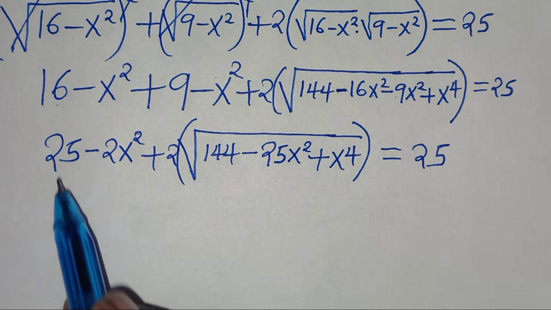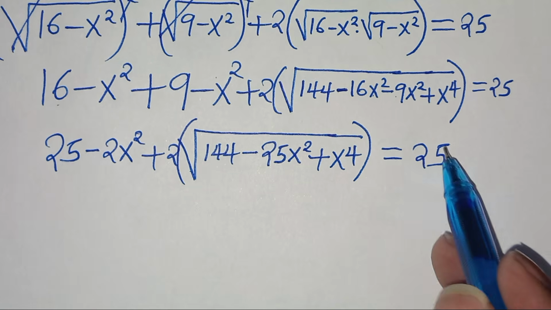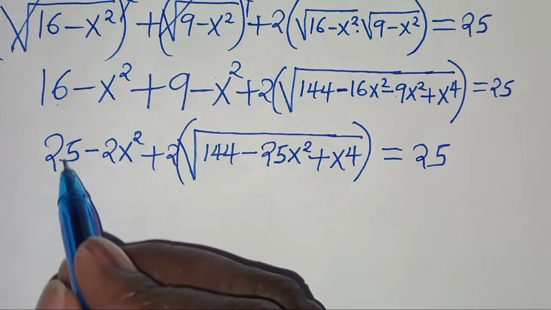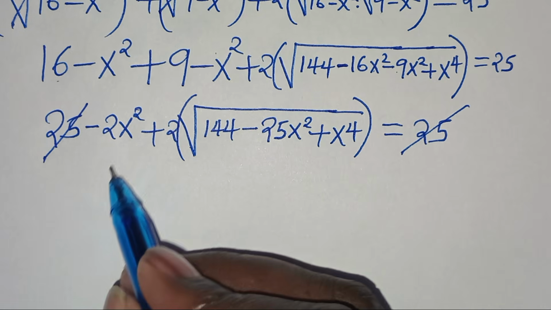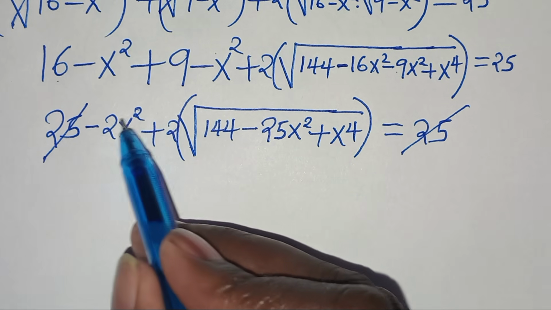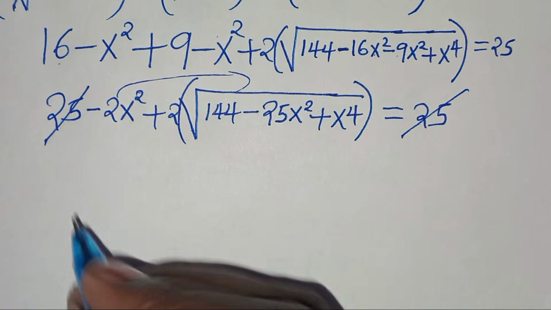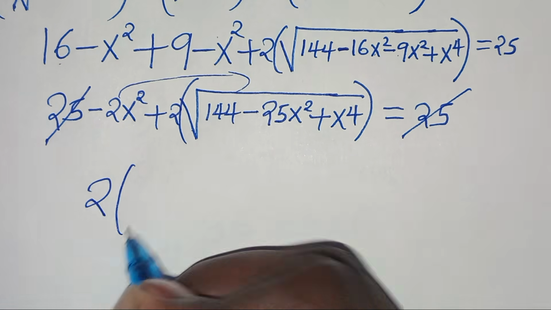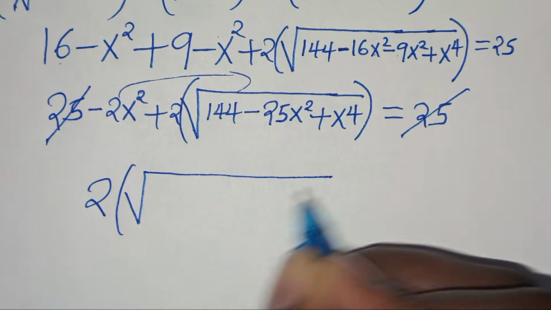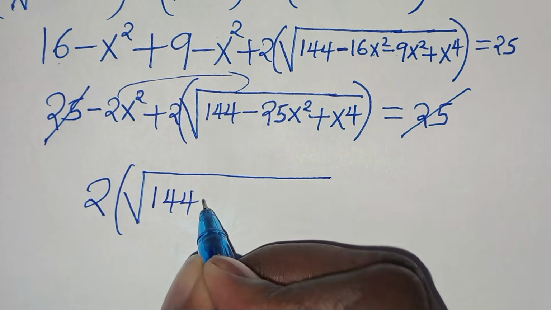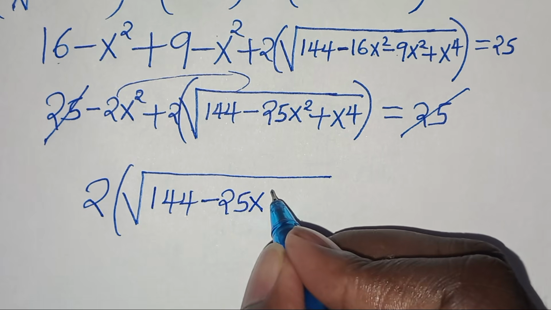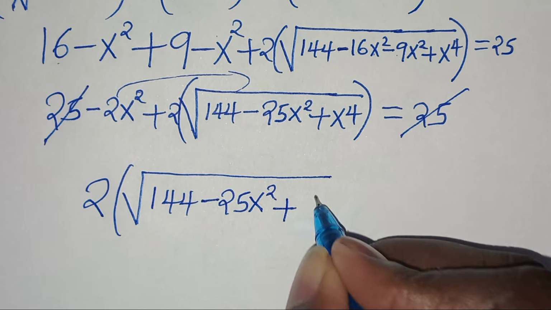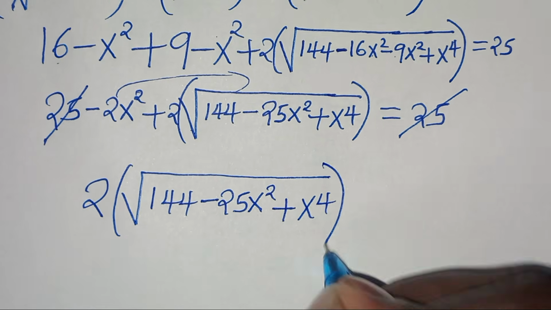Now, we have 25 on the left-hand side and 25 on the right-hand side. So this means that 25 and 25 simplifies. So therefore, we take minus 2x squared on the right-hand side. And this means we have 2 into the parentheses. This is the square root of 144 minus 25x to the power of 2, then plus x to the power of 4, close the parentheses.